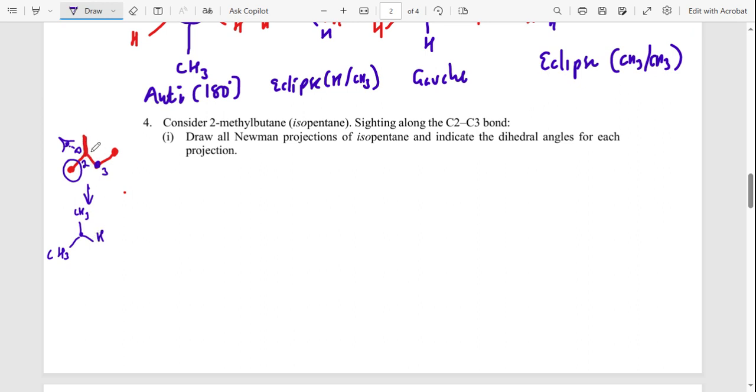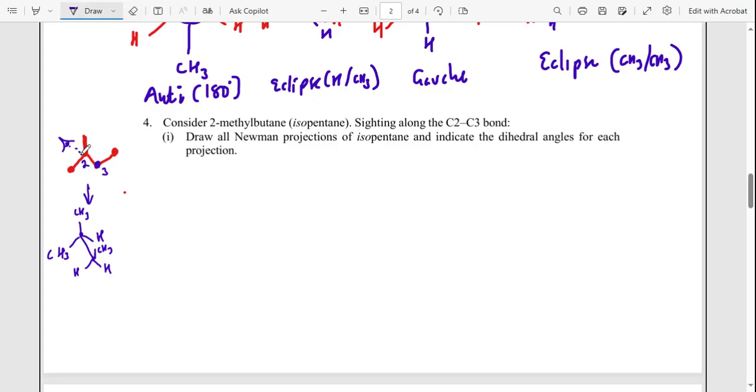And then carbon number 2 is bonded to carbon number 3. Carbon number 3 has one methyl, so I can write that as CH3, then bonded to hydrogen, and then to hydrogen. So this is the molecule that we want to draw.